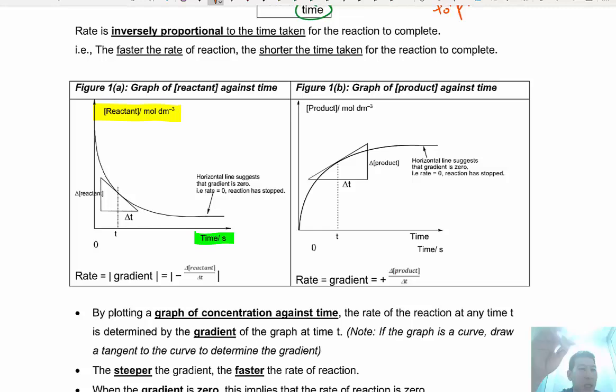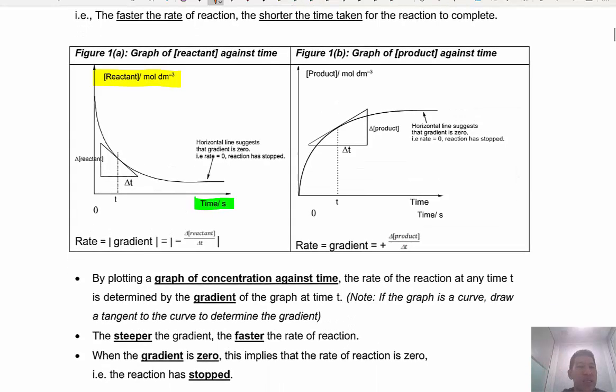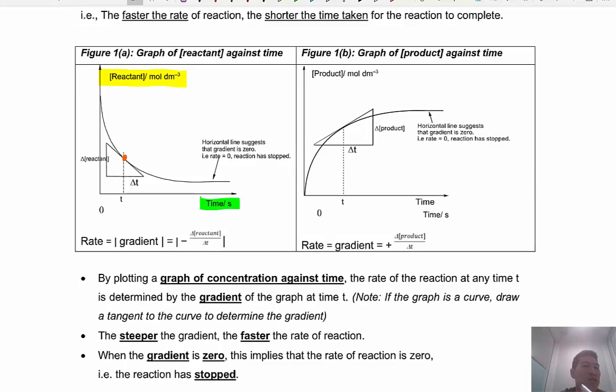You'll note that if we want to find the rate at any one time, we have to select a specific time. We cannot just say, oh, the rate is so and so. It doesn't work that way. You have to say the rate at, maybe, 1 second or 2 seconds, or you have to specify a time.